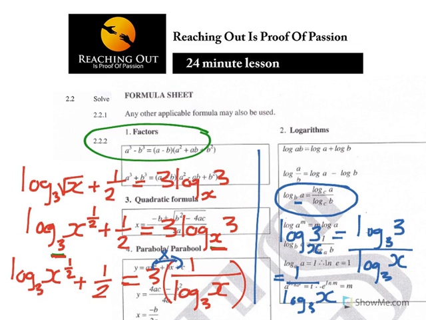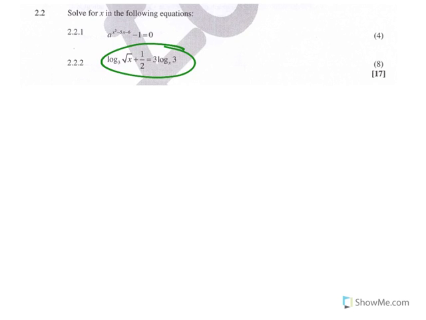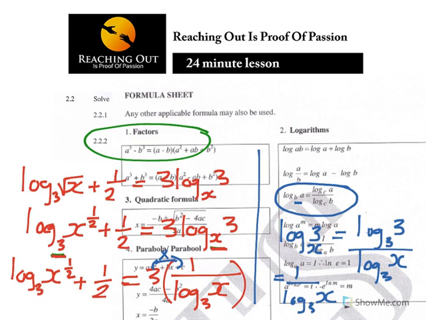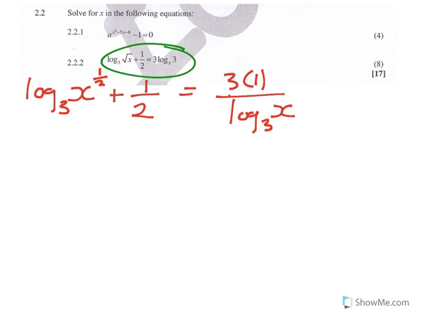So what you're going to have now is log base 3 of x to the power half plus 1 over 2 is equal to 3 times 1, which is 3, over log base 3 of x. I'm just reminding you that this 3 was actually on top. Now we're moving on.